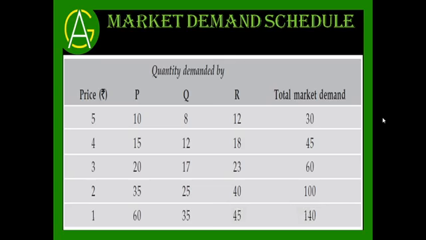The total market demand is 140. So we can see here that when the price is reduced, the market demand gets increased, and if the price has been increased, the market demand gets reduced. So the price and total market demand will also have inverse relation.